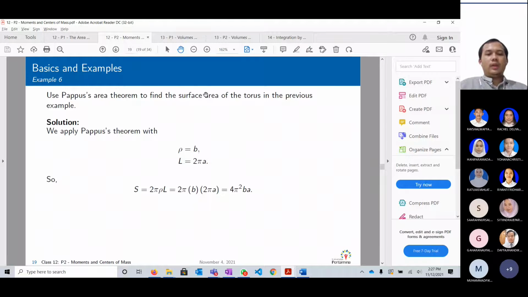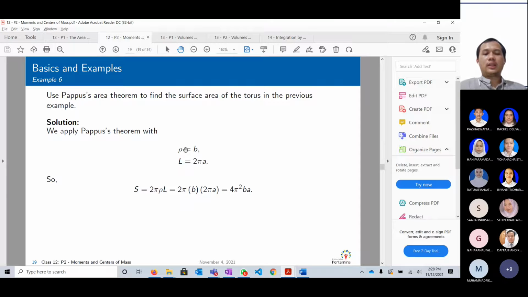So if we want the surface area of the torus in the previous example, we use the same rho, and the perimeter of the circle of the disk is 2 pi a.